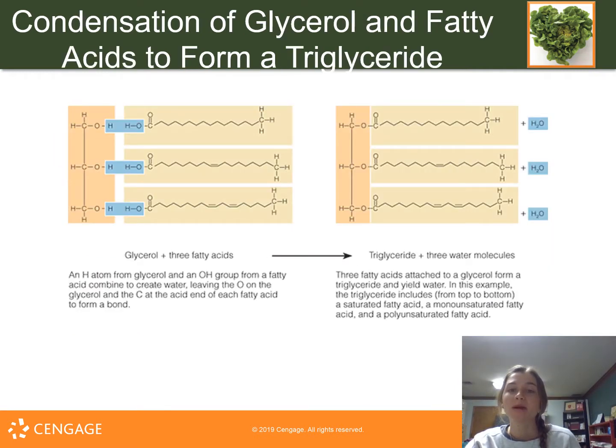And remember, we mentioned this before, that condensation is used to form the triglycerides by bonding the glycerol to the fatty acid tails. And as you can see, bonding the tails to the glycerol head will result in 3 water molecules after you form the triglyceride, because there are 3 different bonds occurring there in condensation.